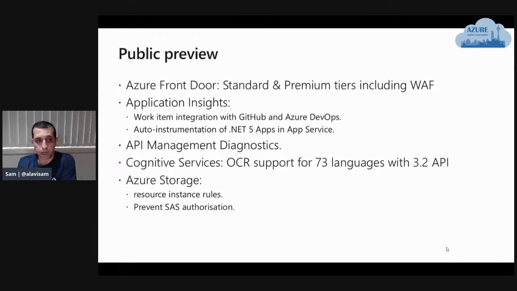Also, support for .NET 5 is made available in the preview. So if you have any .NET 5 applications hosted in App Services, you can use Application Insights integration out of the box, and all the features are available also.